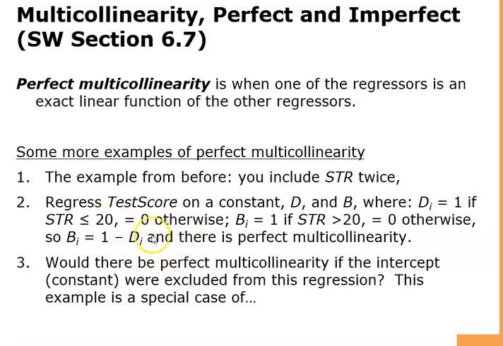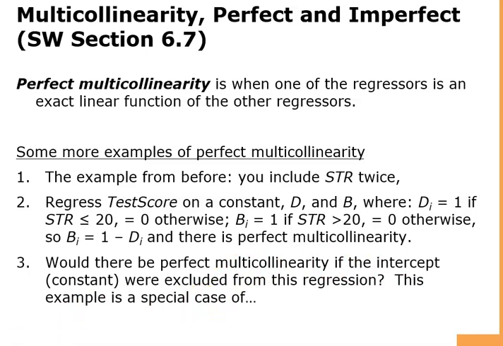Alternately, whenever d is equal to 1, when the student-teacher ratio is small in the classroom, b will be equal to 0. So in this case, b_i is equal to 1 minus d_i, which means that one of the regressors is an exact linear function of the other regressors, and therefore we will get the situation of perfect multicollinearity.